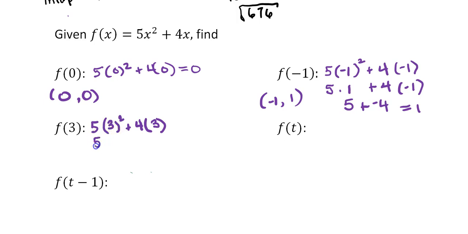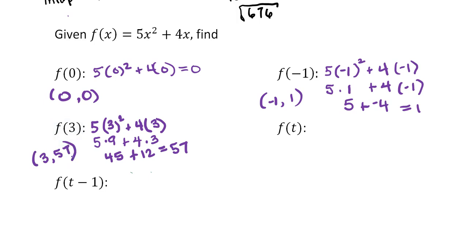So I've got 5 times 9 plus 4 times 3, and 45 plus 12 is going to get me 57. And so my ordered pair is going to be 3, 57.